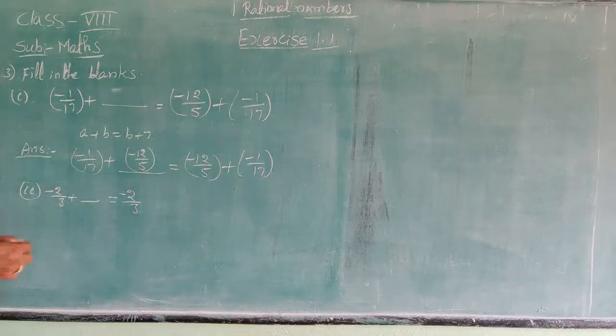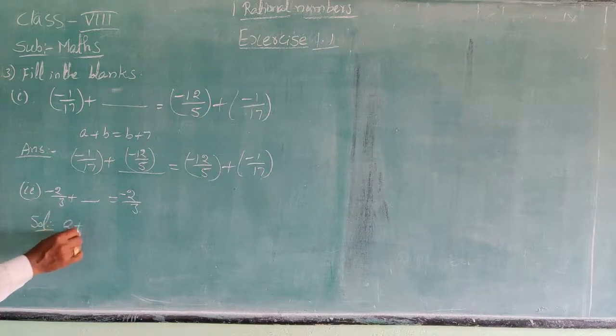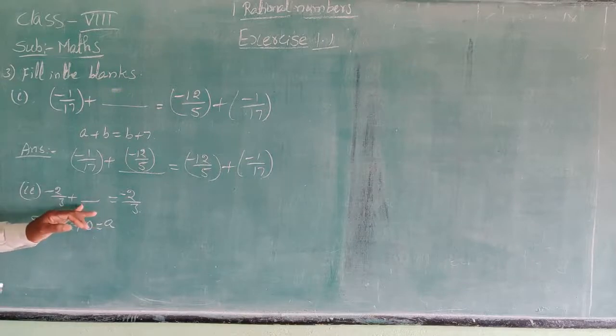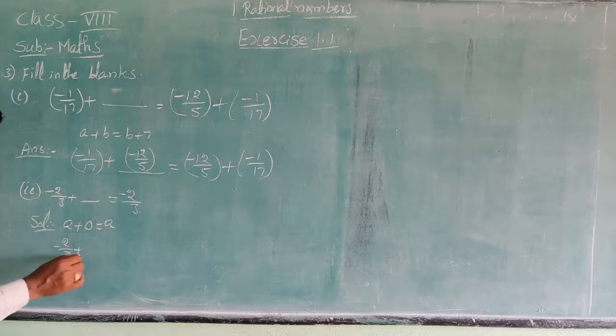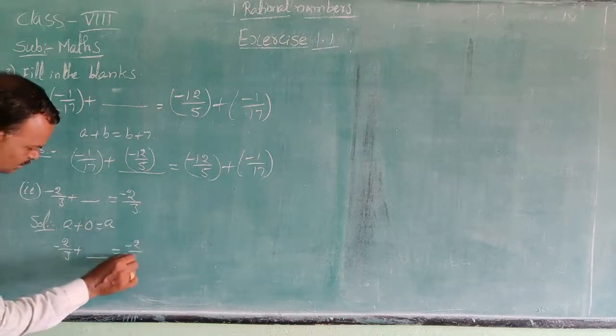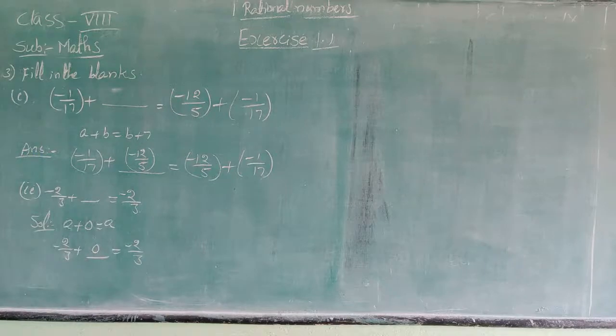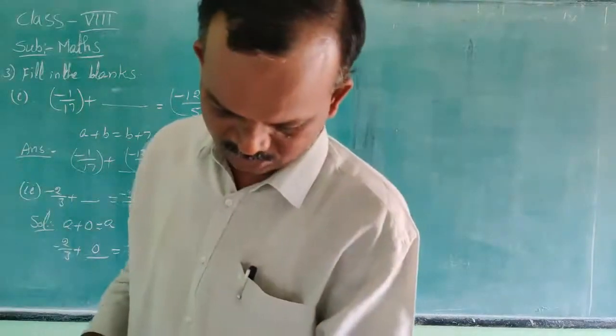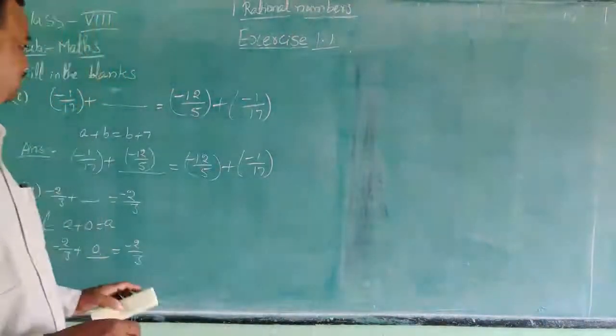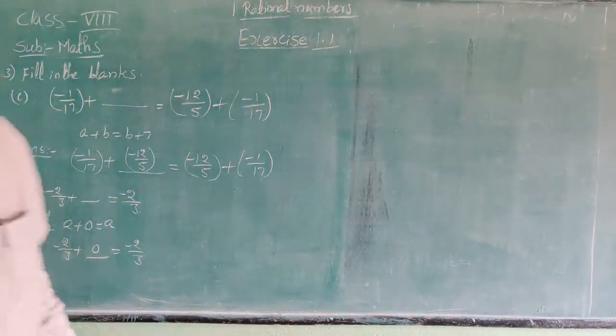So the solution is 0, equal to A. The additive identity is 0. So A plus 0 is equal to A. That's like here minus 2 by 3 plus dash is equal to minus 2 by 3. So the value is 0.